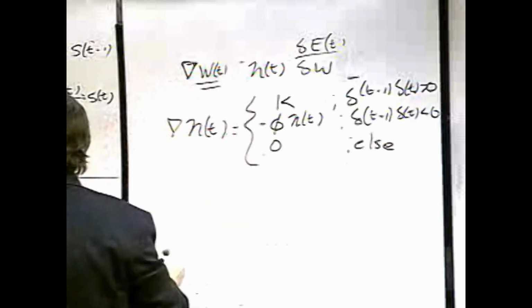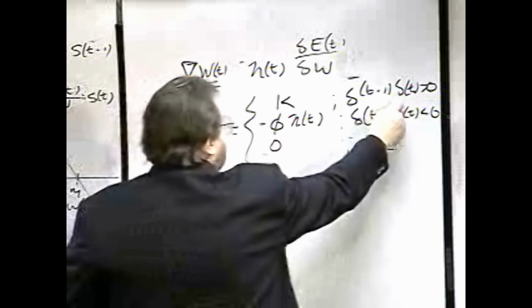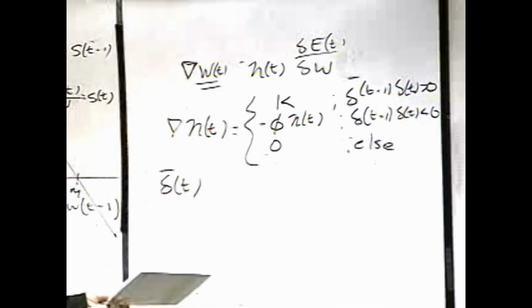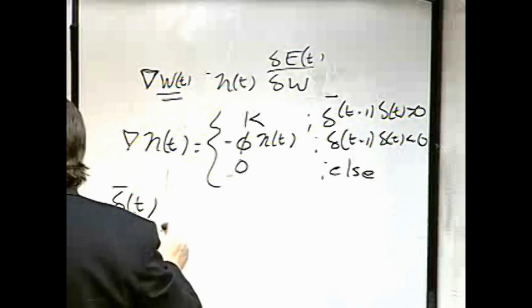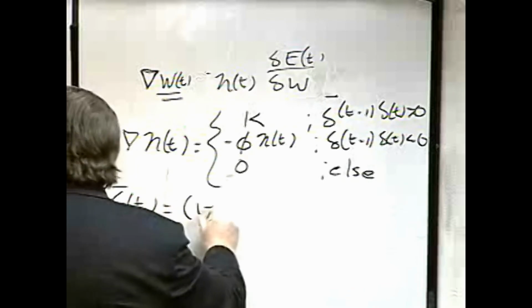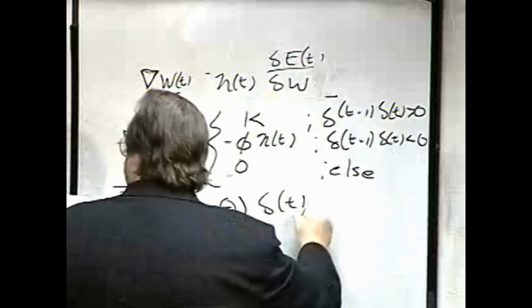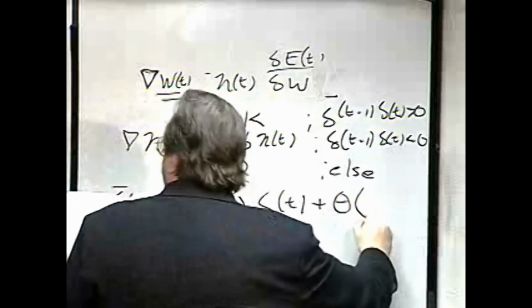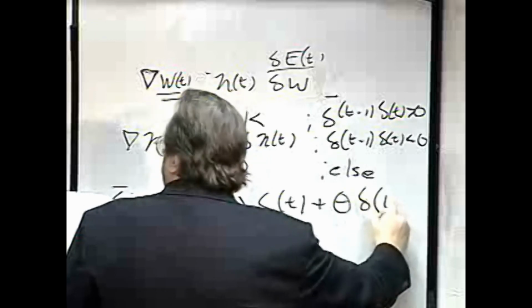Where the delta t, by the way, is the rate of change of w with respect to t. Delta bar t is equal to 1 minus theta times delta of t plus theta times delta bar of t minus 1.